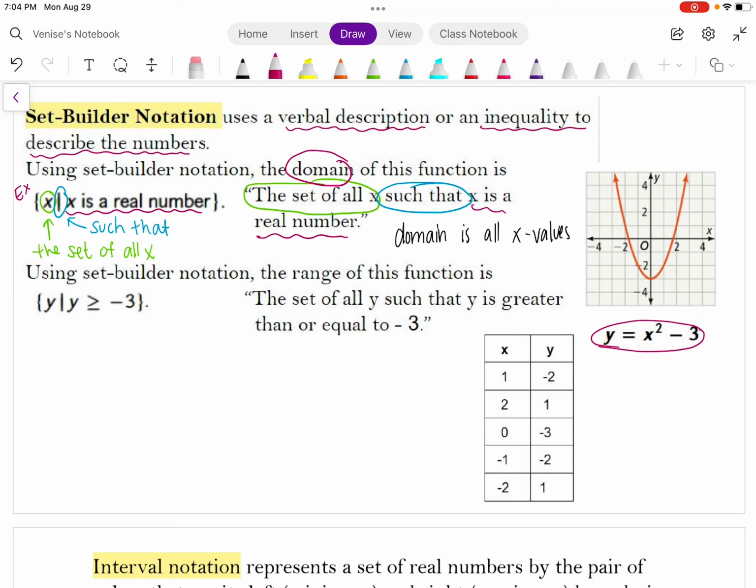For y, the range of this function, it's the same thing. The set of all y is just this y right here. And then we have our line right here, which means such that.